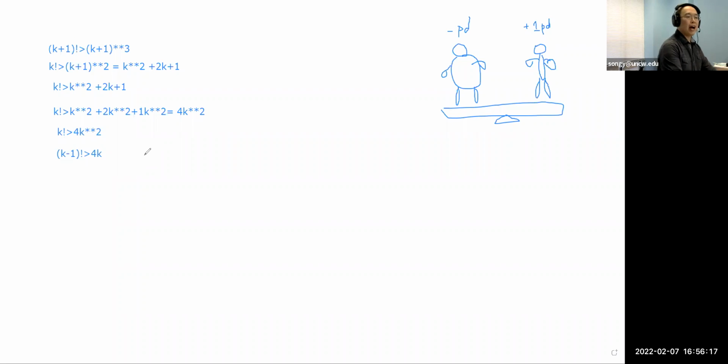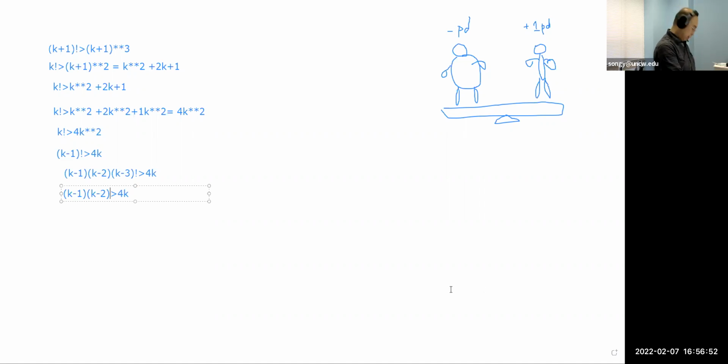The trick I did is I'm only going to take the first two terms. So this is k-1, k-2, and (k-3)! is greater than 4k, but I'm going to drop this (k-3)!. I only want to prove that the first two terms combined together are already bigger than 4k.